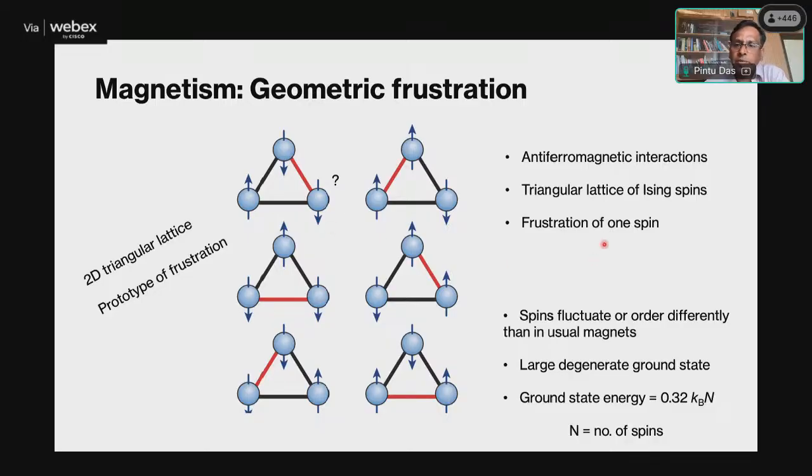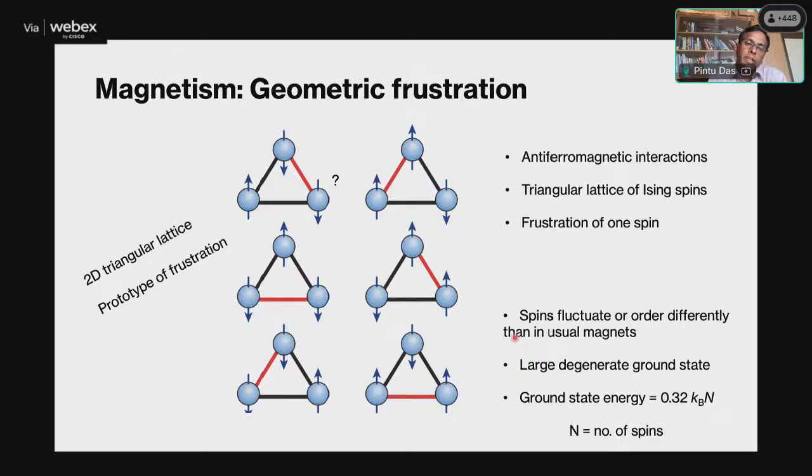Therefore, as I said, there is a frustration of at least one spin here. There is one window which is disturbing a little bit. Right, I could minimize this.